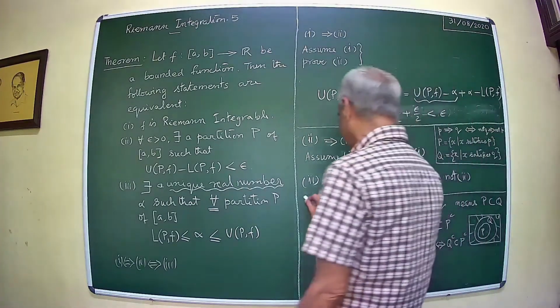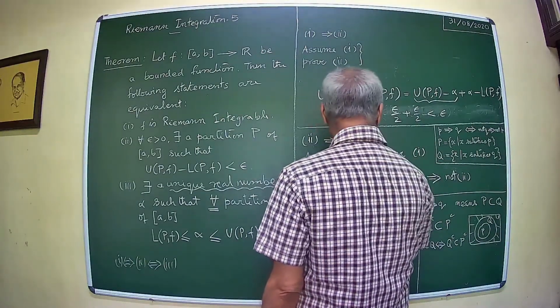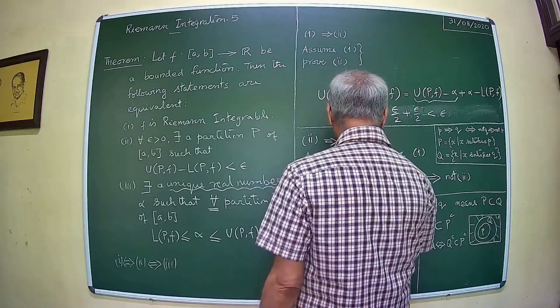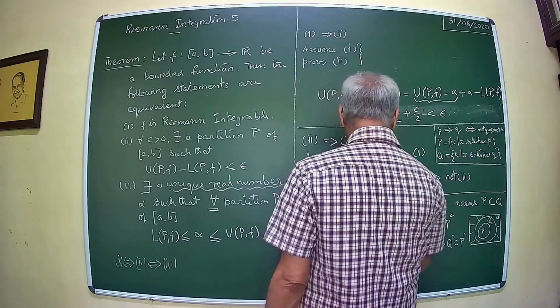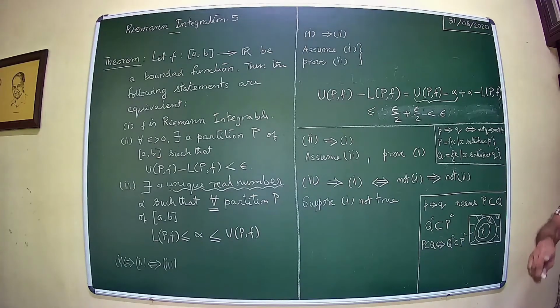Suppose one is not true. What is the statement? The statement 1 says that the upper integral is equal to the lower integral. And you know that the lower integral is always less than or equal to the upper integral.